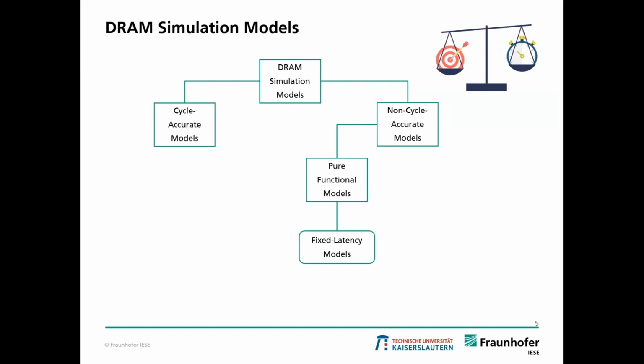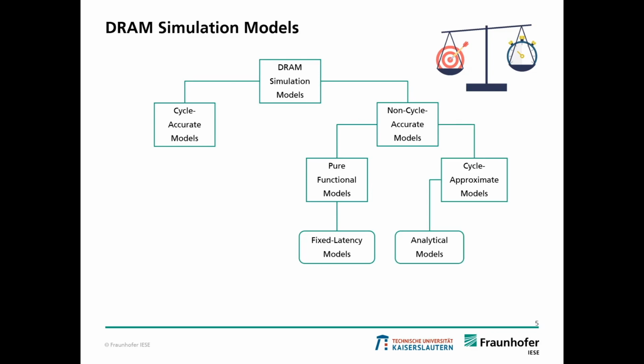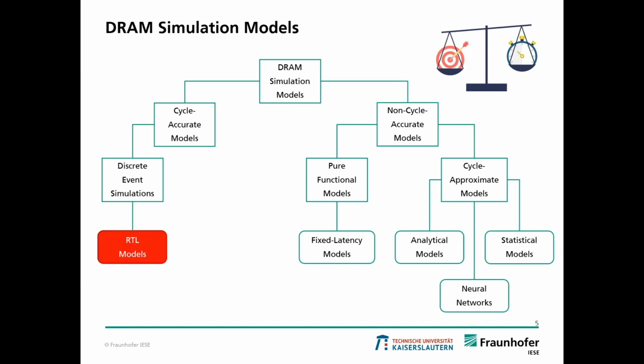You can see already this is really inaccurate, but of course it is really fast. Then we have cycle approximate models, like analytical models, which we have seen already today, statistical models, and even neural networks, which is also something that we tried. But today we want to look at the left side of the diagram.